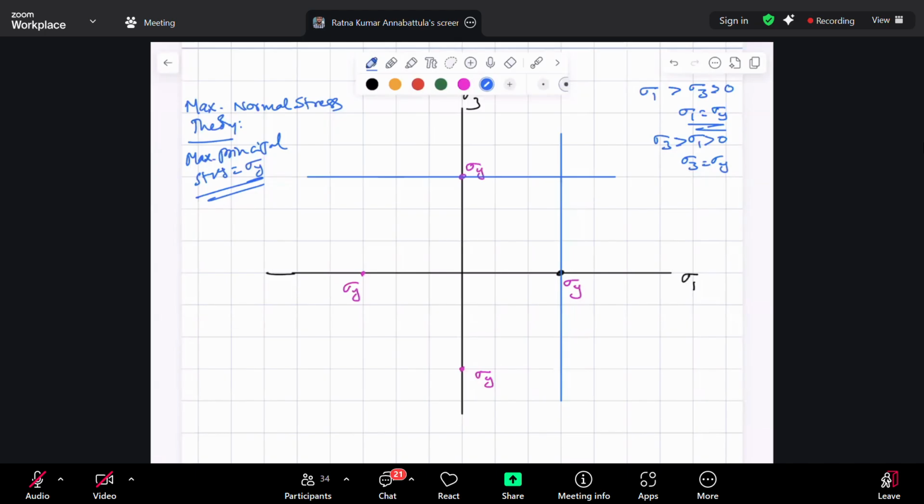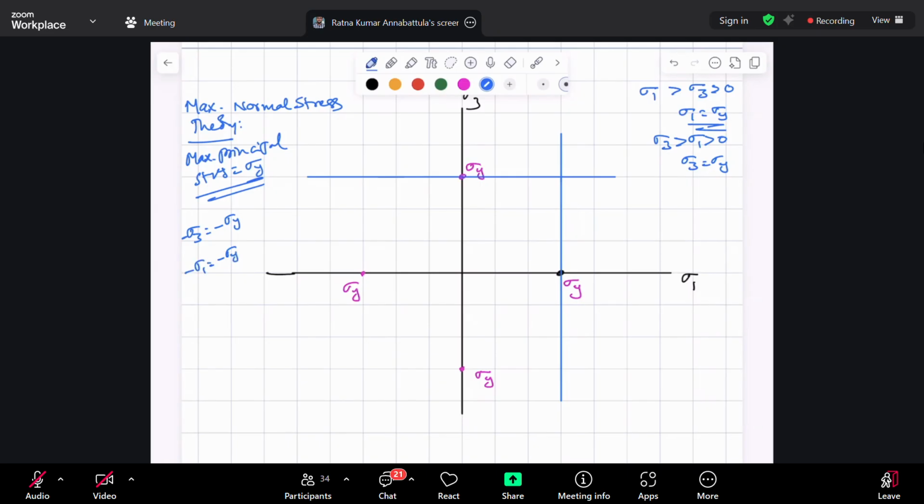Now, the same thing will happen in compression also, isn't it? We also have a compressive yield strength, which is the same as the tensile yield strength. Then minus sigma 3 is equal to minus sigma y, that is when failure happens. Minus sigma 1 is equal to minus sigma y, that is also when failure happens.